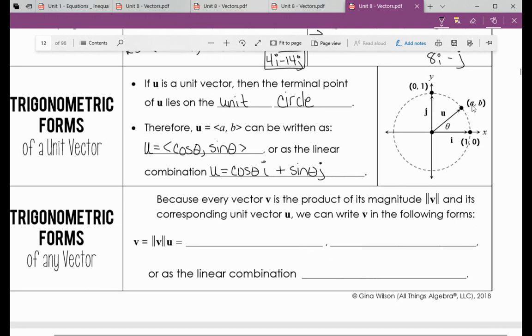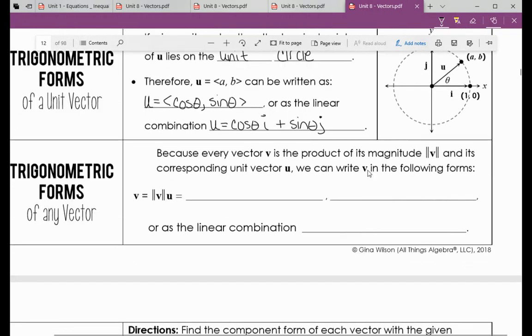Because remember, every xy ordered pair is cosine first, sine second. So your a corresponds to cosine, and the second element, your b, corresponds to sine. And then, of course, you can write your linear combination in terms of your trig functions, which is great.